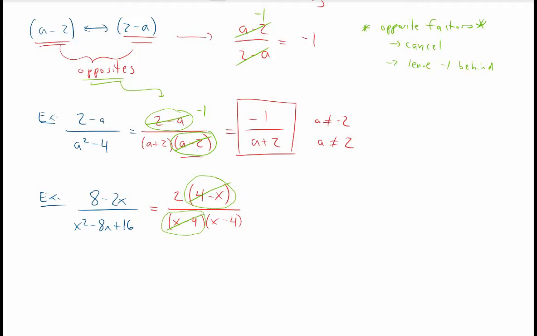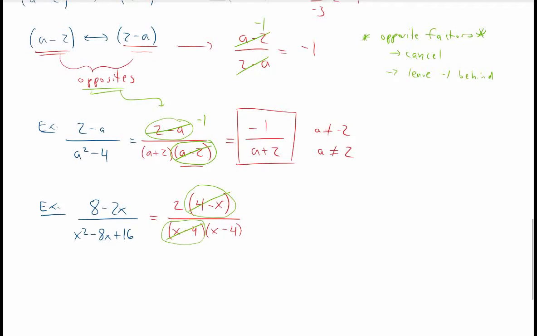So we see 4 minus x cancels x minus 4, but because they're opposite factors, that's going to leave a negative 1 behind. All right, so then in the numerator, let's multiply our remaining factors. We have 2 times the remaining factor of negative 1 makes negative 2 in our numerator. And the denominator, all we have left is x minus 4. And that is our simplified expression.